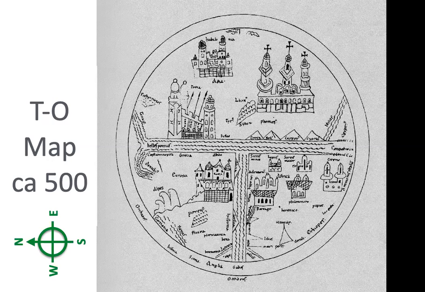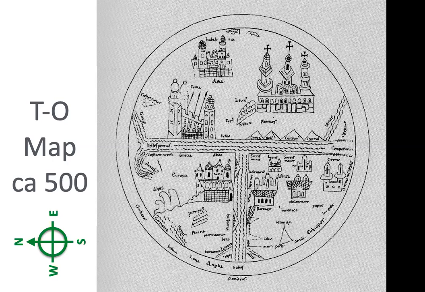Asia is shown at the top half, with Jerusalem being given very high precedence within Asia. You can see Jerusalem there. Europe is in the left lower quadrant, and Africa is on the right. That also gives you an indication of what was known of the world in the period around 500.